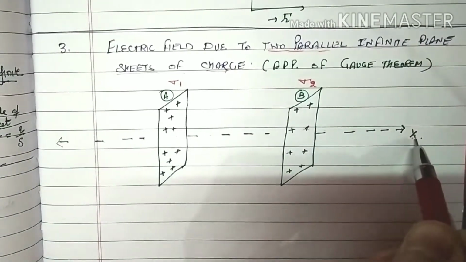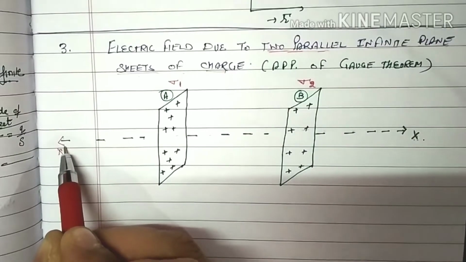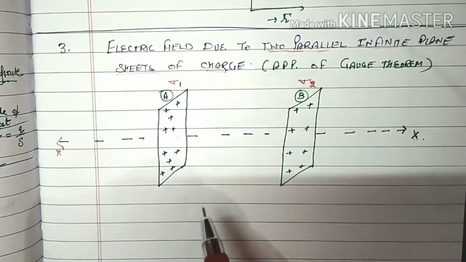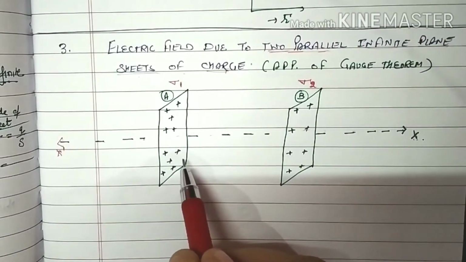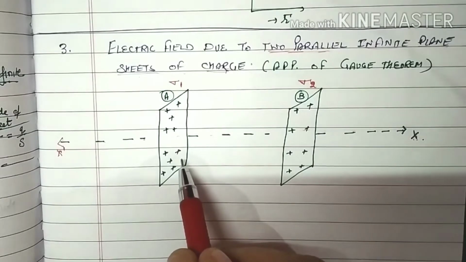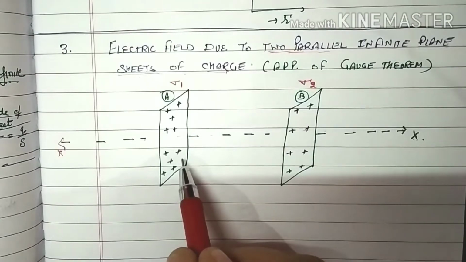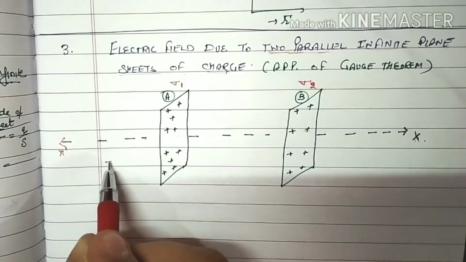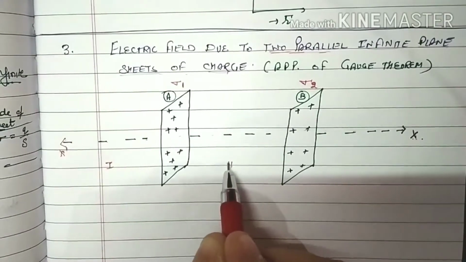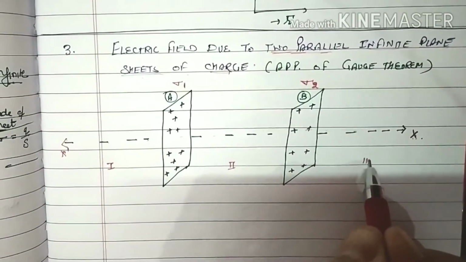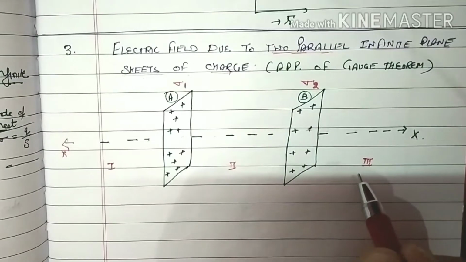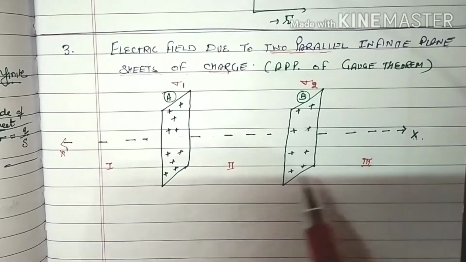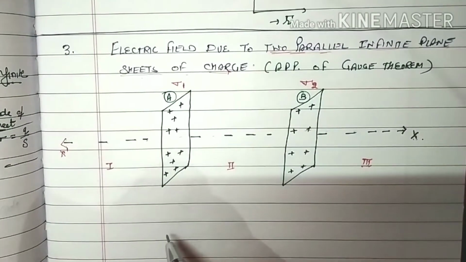Now we are going to calculate the electric field in three regions of these two parallel plates. This is the first region, this is the second region, and this is the third region where we are going to calculate the electric field intensity due to these two parallel plates.